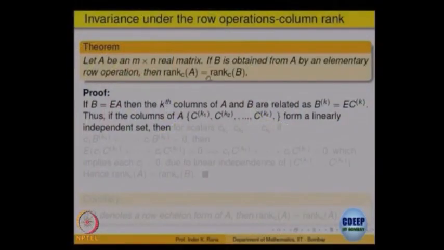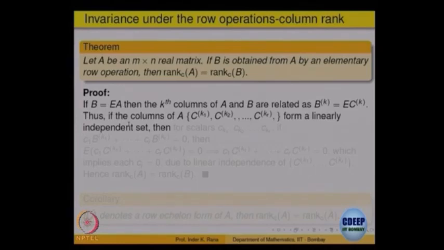So, if B is obtained from A by a row operation, then B must be equal to E times A, right. Now, look at the kth column of both sides. The kth column of B is precisely the kth column of A pre-multiplied by E, that is a block matrix multiplication, right. So, what we want to say is that the column rank does not change.